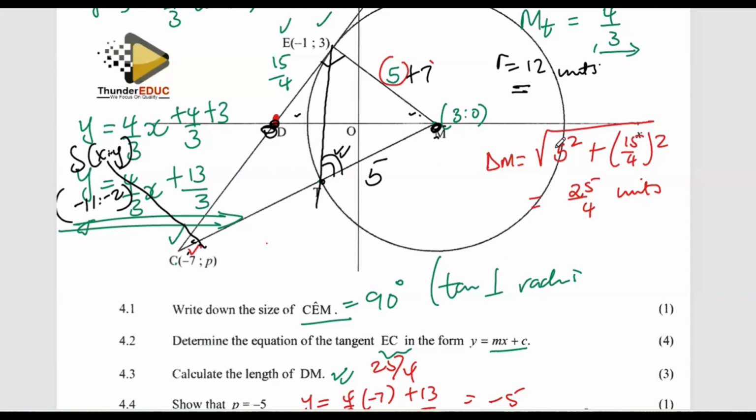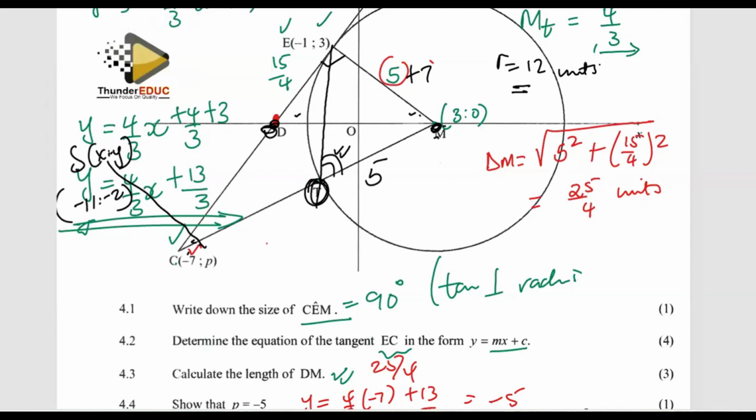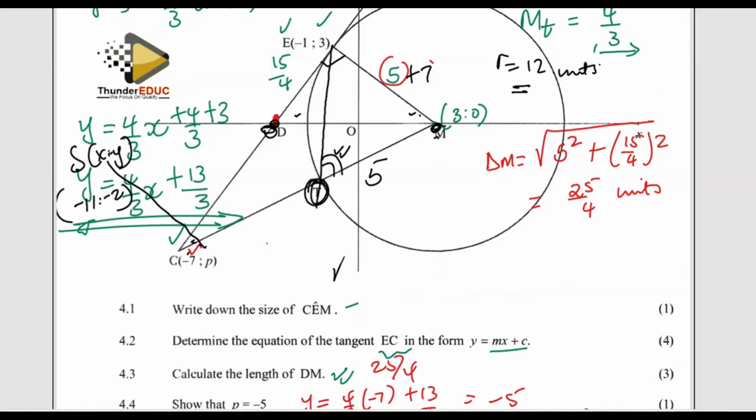So like I said, I'm just going to go the longer route and try to establish. Okay. So what I need is to get the coordinates of T. That's going to make life a bit easier for me from my point of view. So for me to get that, I need to find the gradient. Okay, let me just erase this and find the gradient of CM.